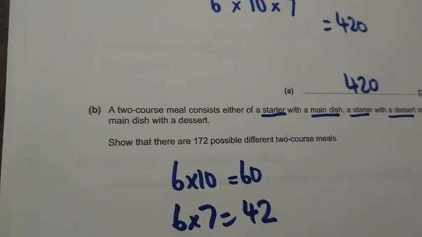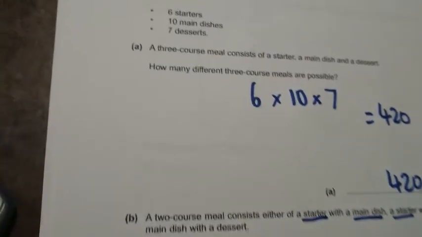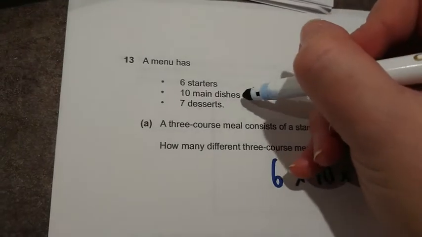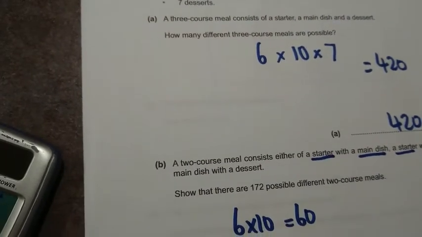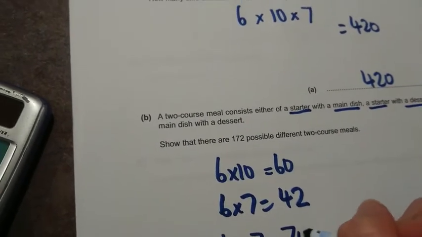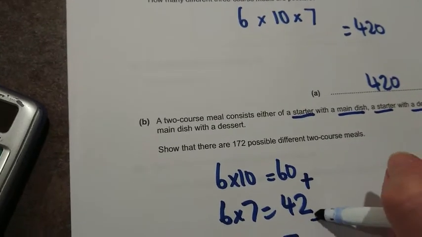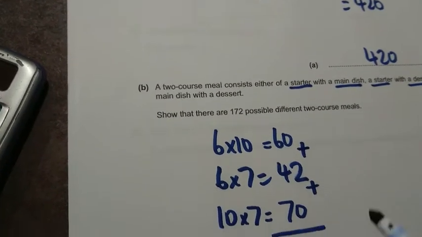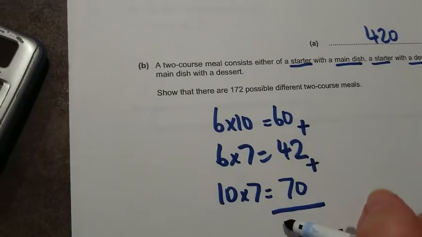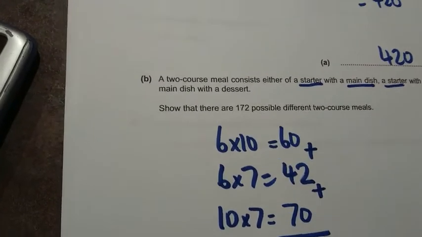And then it could be a main dish with a dessert, so that's 10 times 7, which is 70. And then we just add up all those, and what do you know, it makes 172.